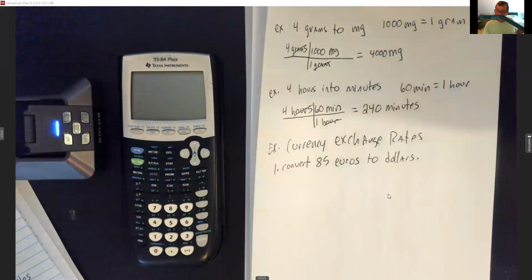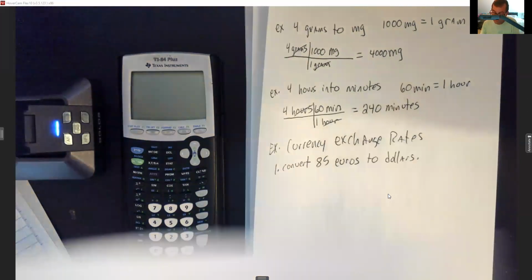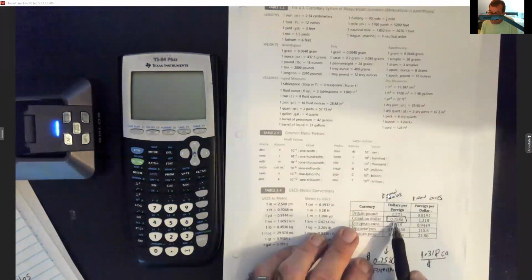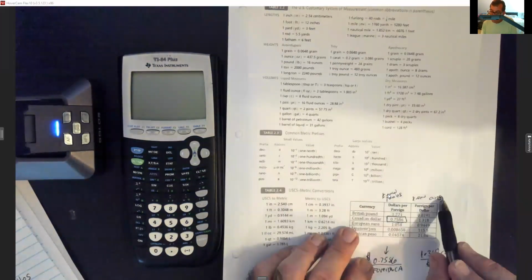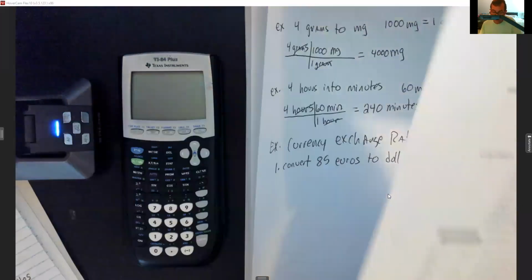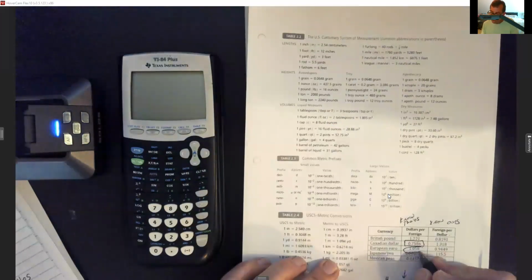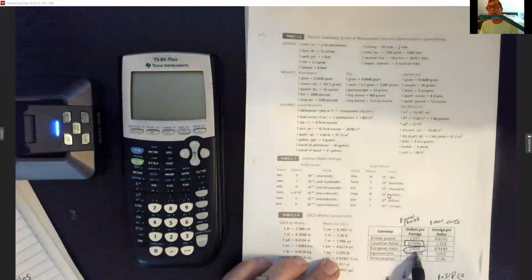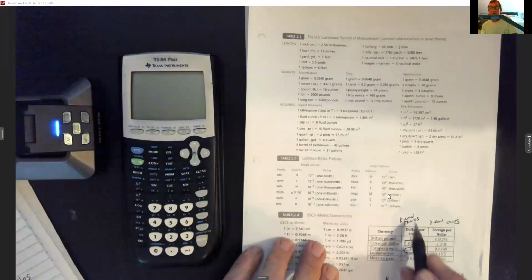So let me get that conversion for those euros. European euro. I know theirs, I want to turn it into dollars. And this is if I know ours, I want to turn it into my dollar. So let's see, I know theirs is 85 euros. So y'all look here. Since I know theirs is 85 euros, I come down here to the European euro, and I'm going to use 1.058 as my conversion factor because I know theirs and I'm turning it into ours.